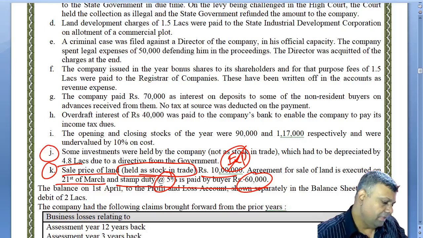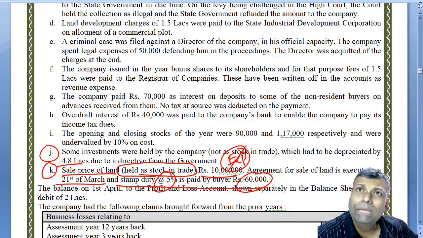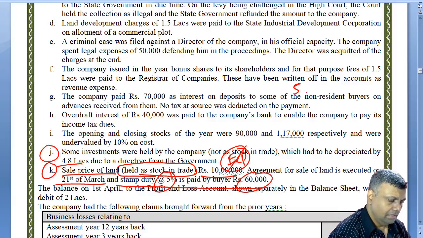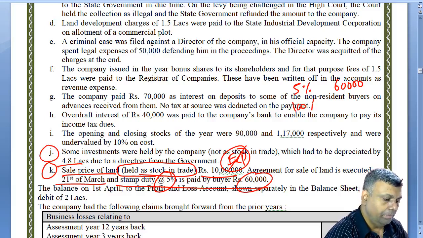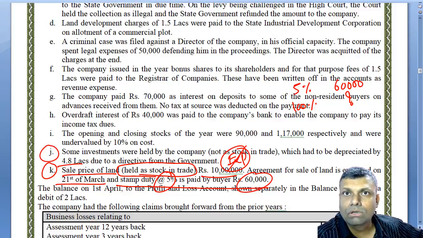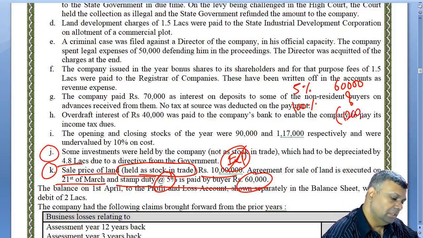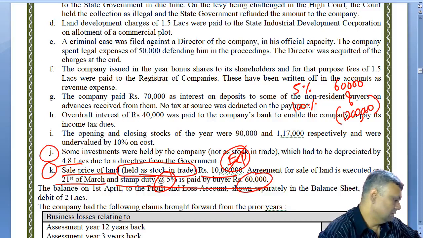So 5% stamp duty which is paid by the buyer. So 60,000. If 5% is 60,000, what will be the 100%? That means what will be the value of the property? I can do the cross multiplication and get the answer. This is going to be 12 lakhs.